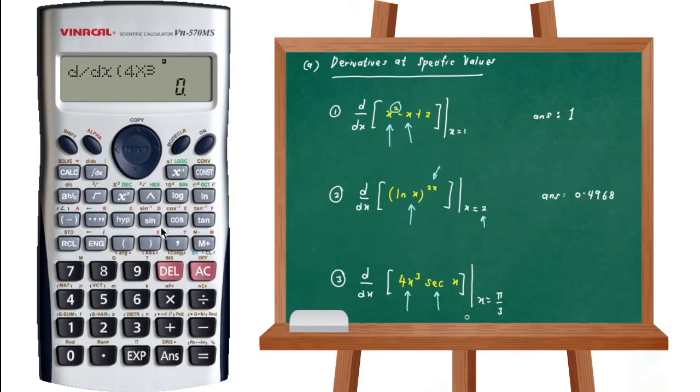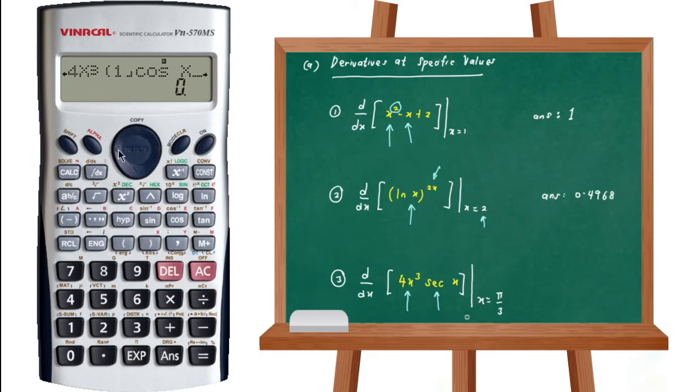Recall that according to the trigonometry identity, secant x is equal to 1 over cos of x. So we press open bracket and then 1 over, or you can also use this division symbol, then cos. After that, press alpha and then press this button to display the variable x, and then press this button again to display the close bracket.